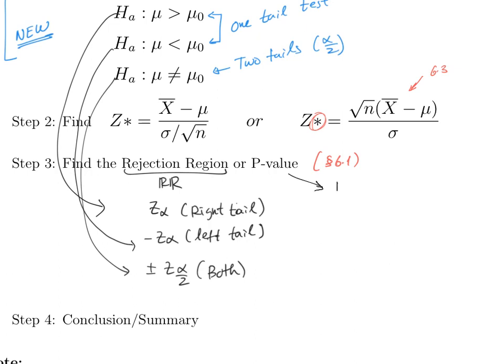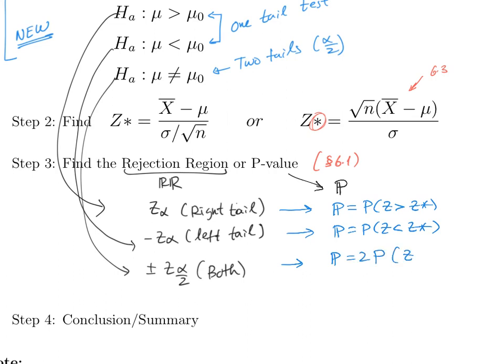The p-value method, which I'm going to denote by this: if you have this case, the p-value is going to be the probability that Z is greater than Z star. This will be the probability that Z is less than Z star. And when it's 2 tails, this will be twice the probability that Z is greater than the absolute value of Z star.